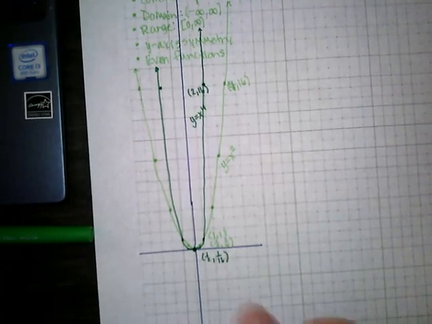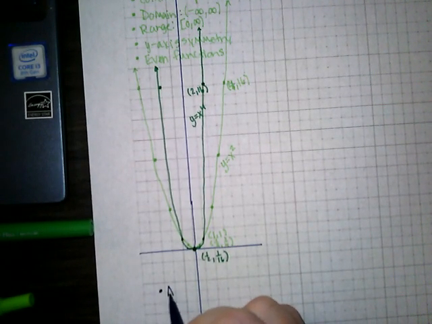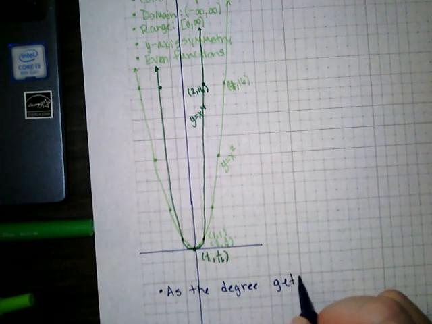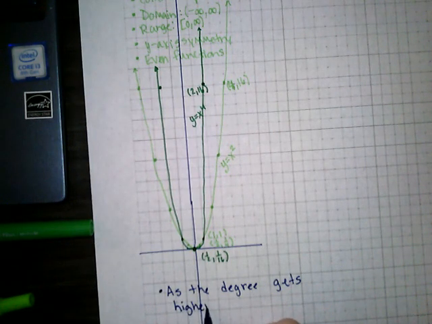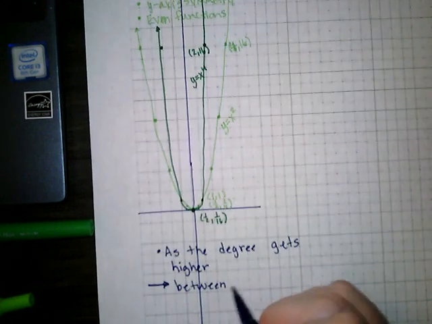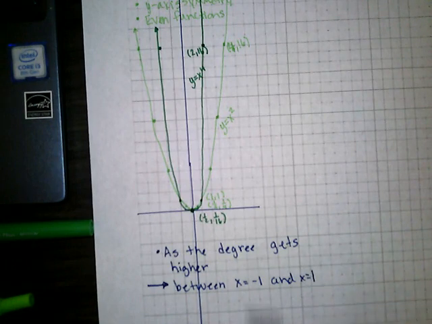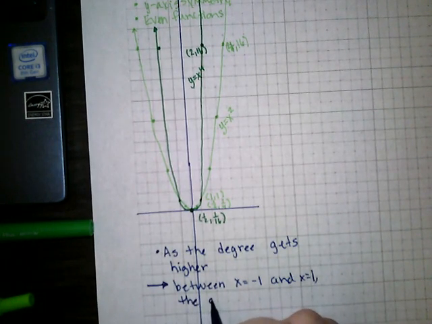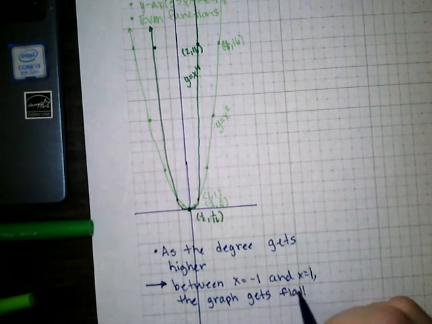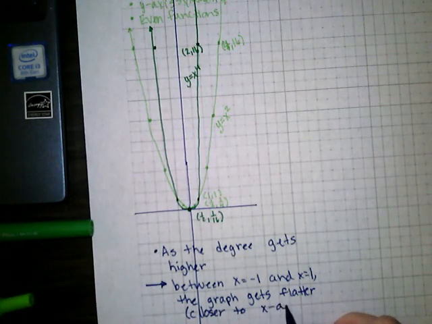What's happening between -1 and 1 is, as the degree gets higher, then between x equals -1 and x equals 1, the graph gets flatter or closer to the x-axis.